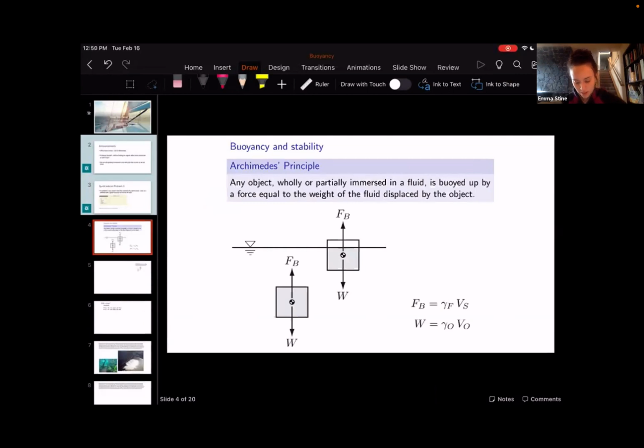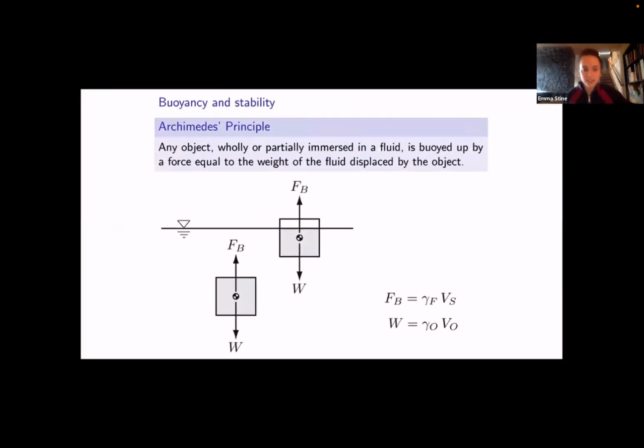Okay. Cool. So we're doing buoyancy today, which is kind of cool because buoyancy is really intuitive, and usually people's intuition about it is actually like how it works. So it's basically like if an object will float and if it will be stable when it is floating and how it is floating. So Archimedes' principle is any object wholly or partially immersed in a fluid is buoyed up by a force equal to the weight of the fluid displaced by the object. Okay, so here we have 2 cubes. One of them is fully submerged in water and one of them is partially submerged. For each cube, the force buoyancy is going to be the specific weight of the fluid. So I'll just write it out.